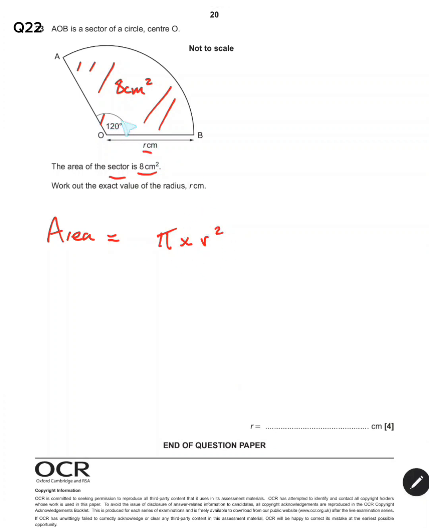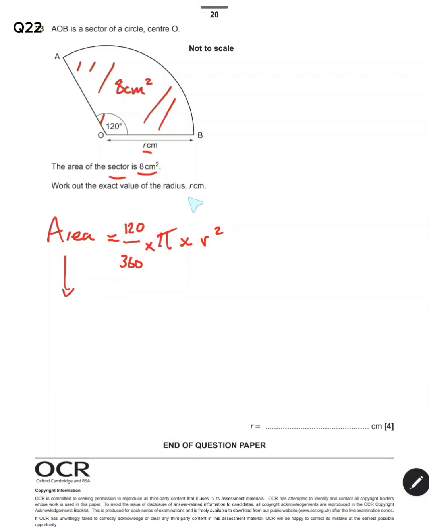But because we've only got part of a circle, we need to find a fraction or part of the full circle. And what we've got is 120 degrees out of 360, the full circle. So I'm going to write that. Pi r squared, pi times r squared, is the full circle. We've got 120 out of 360 degrees. So that's what I'm going to write.